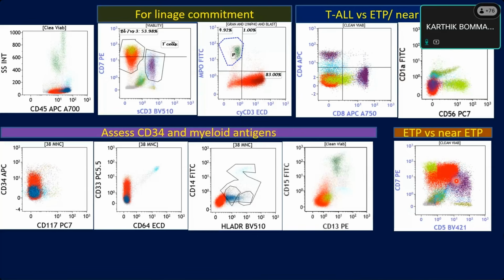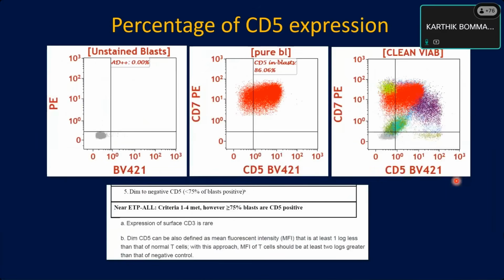Okay, so now let's refine the criteria and see. In the previous case, only 5% of blasts were positive for CD5. Here, 86% of blasts are positive, which indicates that CD5 expression is there, right?